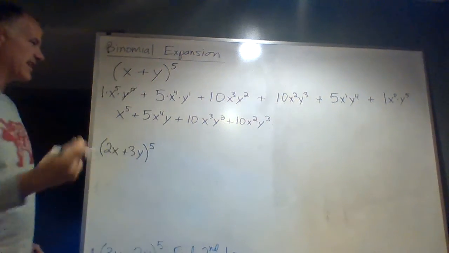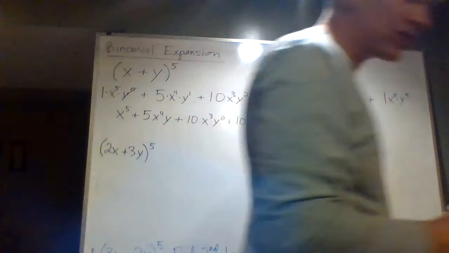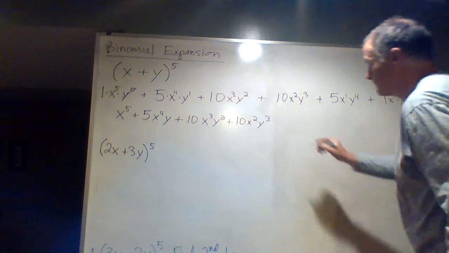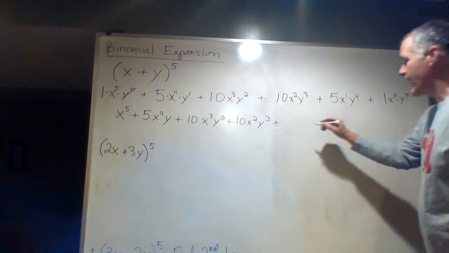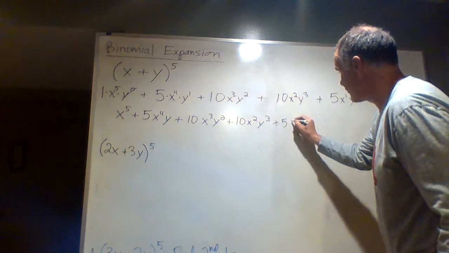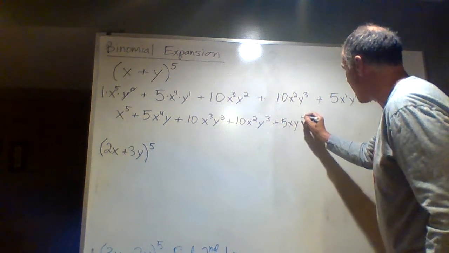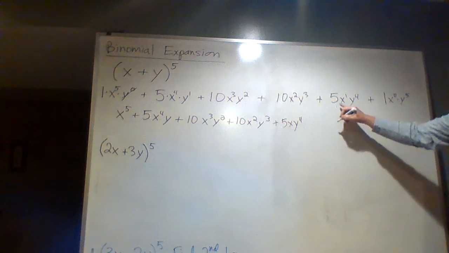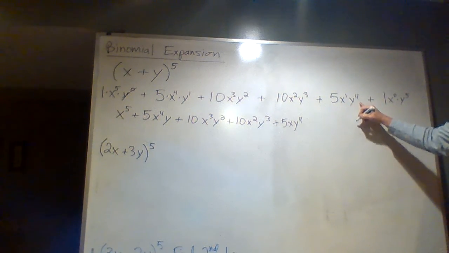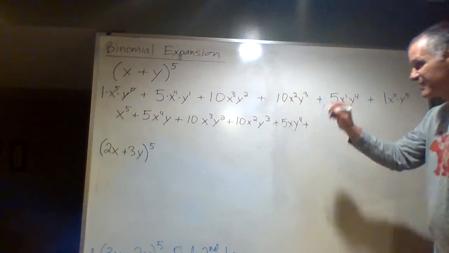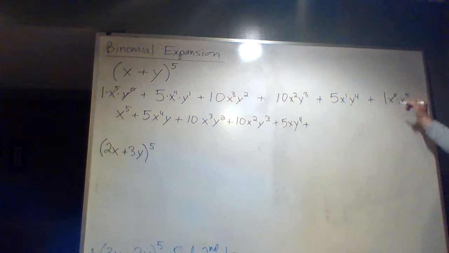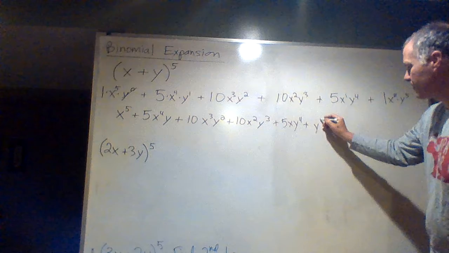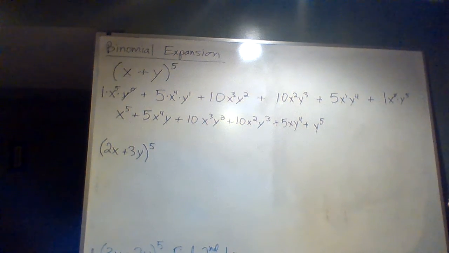So again, the numbers don't change, the exponents don't change. Okay? Now here, 5, x1, I really don't need that 1, so just 5x and then y4. So 5x, y4. And the last one, similar to that first one, the 1, I don't need that 1. I don't need the x to the 0. So the only thing left in that last term, y5, and boom.